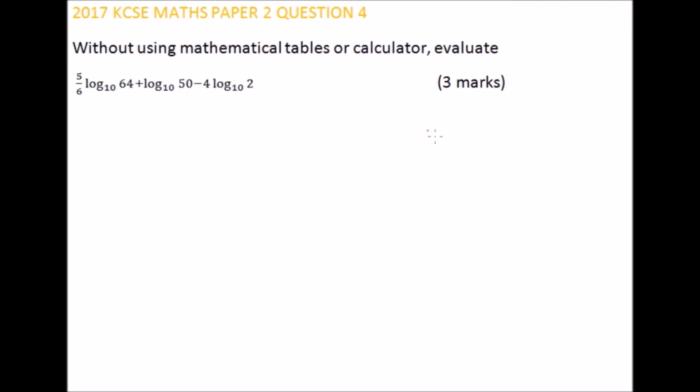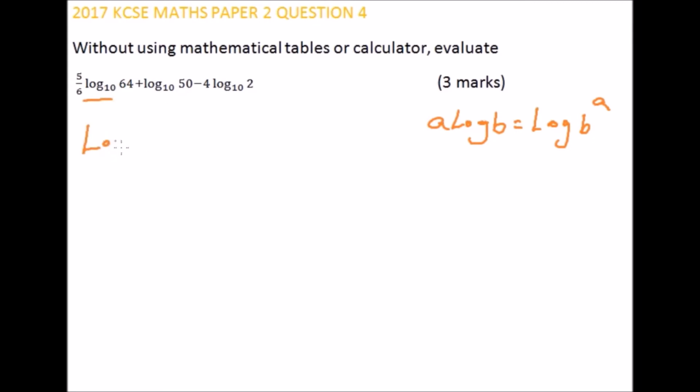Now you remember that if you write a log of b, it is equal to log of b to power a. So we are going to use that principle to solve this, and also the three laws of logarithm.